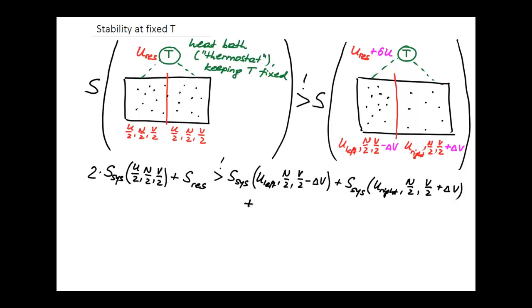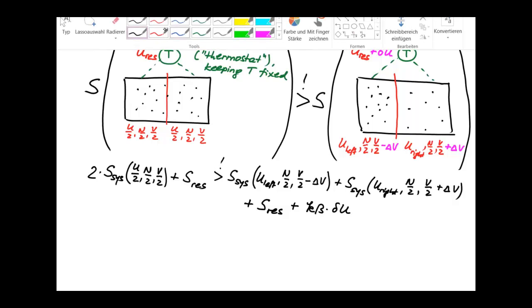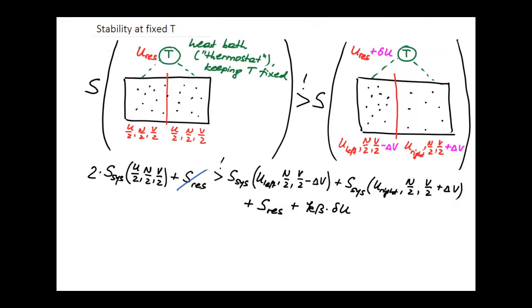So when the energy of the reservoir changes by delta U, then its entropy changes by k beta times delta U. So the entropy in the inhomogeneous scenario is now its original entropy plus k beta times delta U. You see that the original entropy of the reservoir cancels out in this inequality, and we are left with the remaining terms.